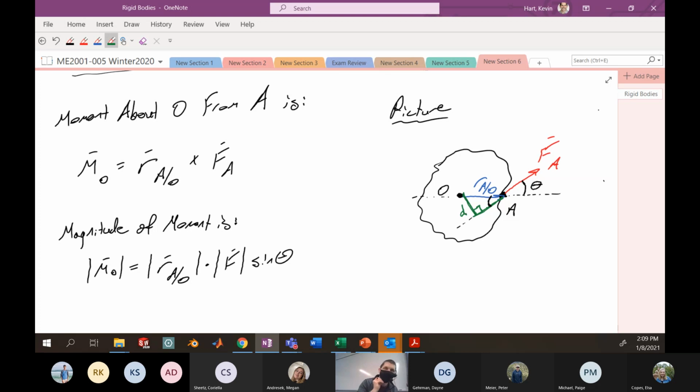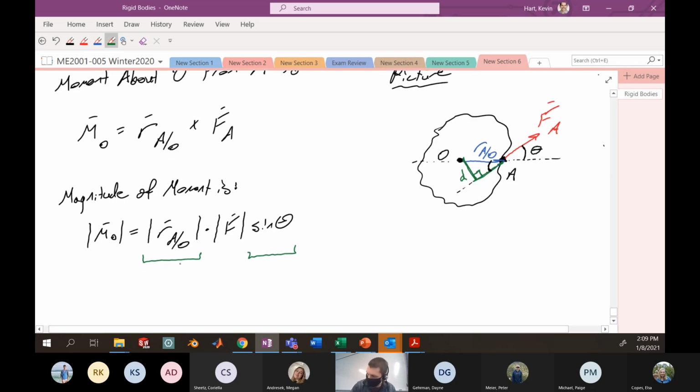If I know that the angle that exists between the force and the position vector is this angle theta, then I can use concepts of typical right triangles or trigonometry to define the magnitude of the position vector and the sine of the angle theta. Well, this here is d.